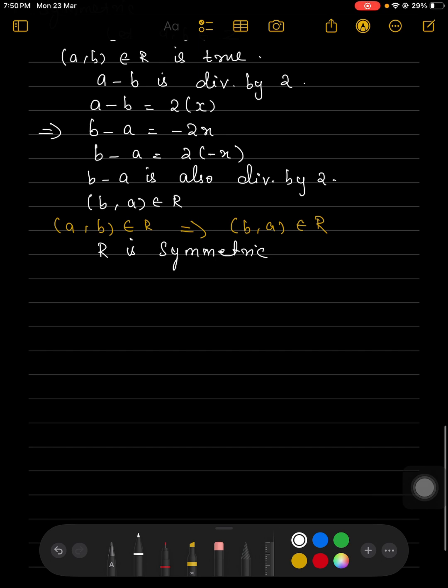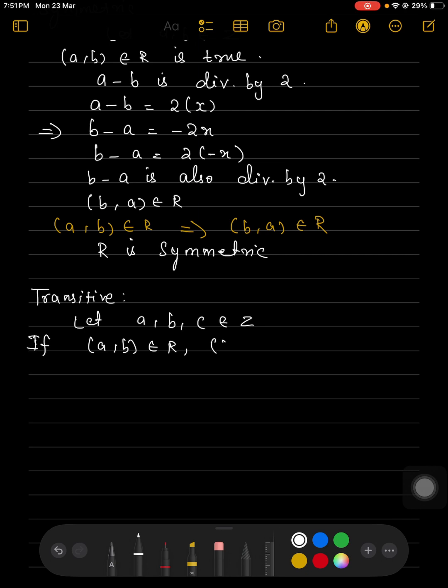Finally, transitive. Let three elements, three integers, I am taking. What does transitive say? If (a, b) is in relation, followed by (b, c), then (a, c) also should be in relation.